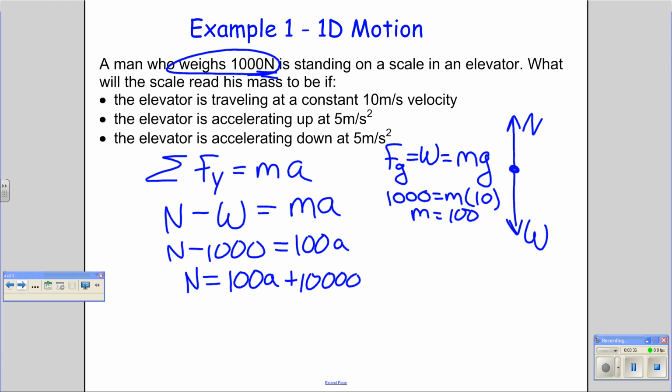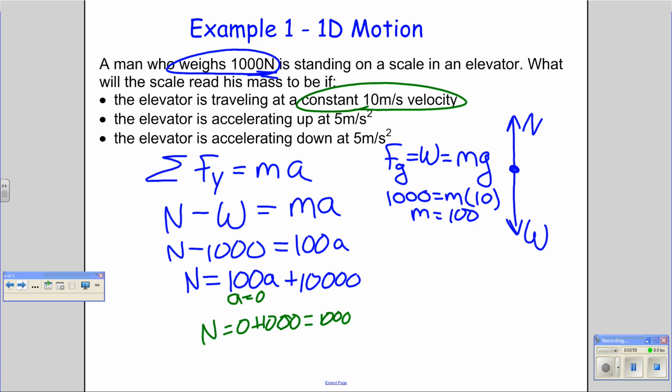Okay? Now we just look at each of our situations. For the first situation, we're moving at a constant velocity, which means our acceleration is equal to 0. So n equals 0 plus 1,000. So n equals 1,000.